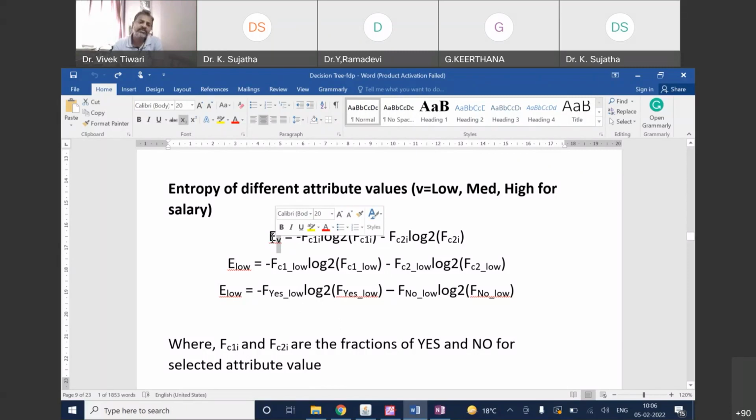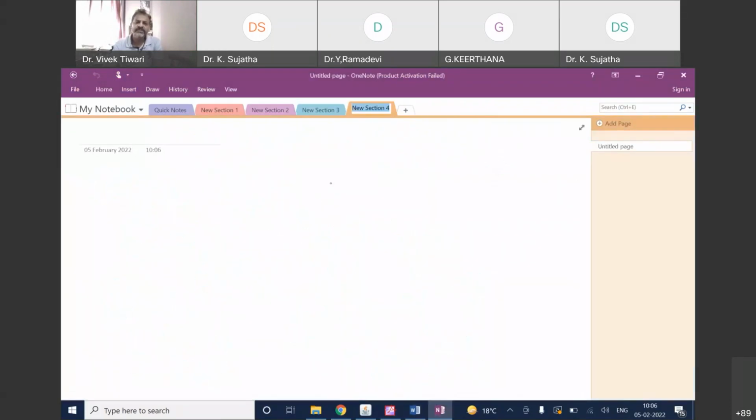We have to calculate the entropy for the low first, the entropy of the medium, the entropy of the high. Then we have to combine them to calculate the entropy of the whole salary. It is a bit confusing, that's why I'm focusing a lot. A lot of students get confused over there.